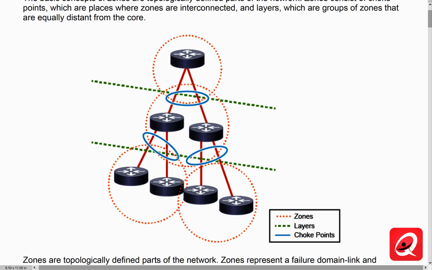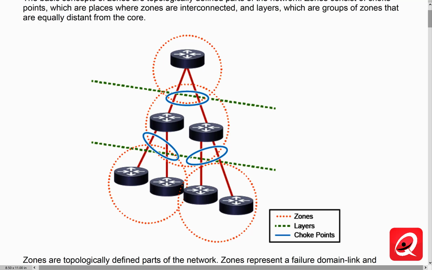Even though EIGRP doesn't have the concept of an area, we can still design into the protocol a way of limiting the amount of information that has to be shared, by creating this tiered architecture that allows us to create nice, clean summarization boundaries, nice, clean areas where we can potentially say, okay, we're going to limit the queries that go down to these routers and so on.